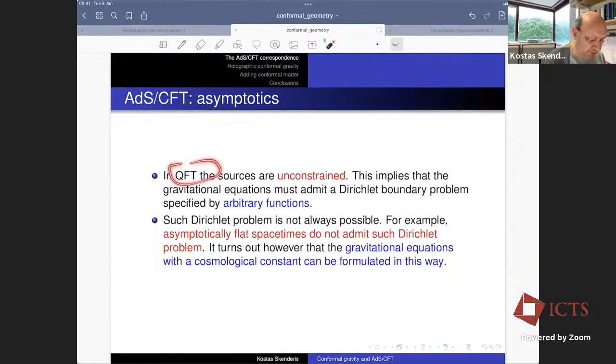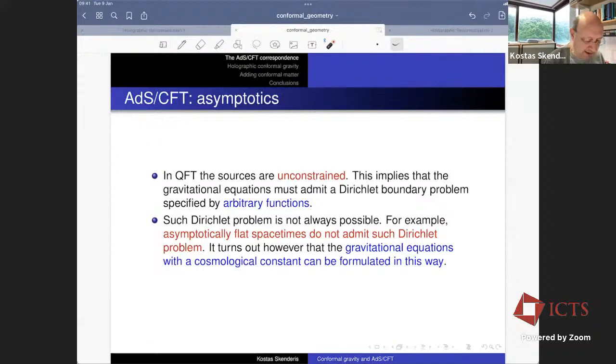Now, already this tells us a few things which are important from the gravity perspective. In quantum field theory, the sources are always unconstrained. And this implies that the gravitational equations must admit Dirichlet boundary conditions specified by arbitrary sources. And that's a highly non-trivial statement. For example, such a Dirichlet problem is not always possible.